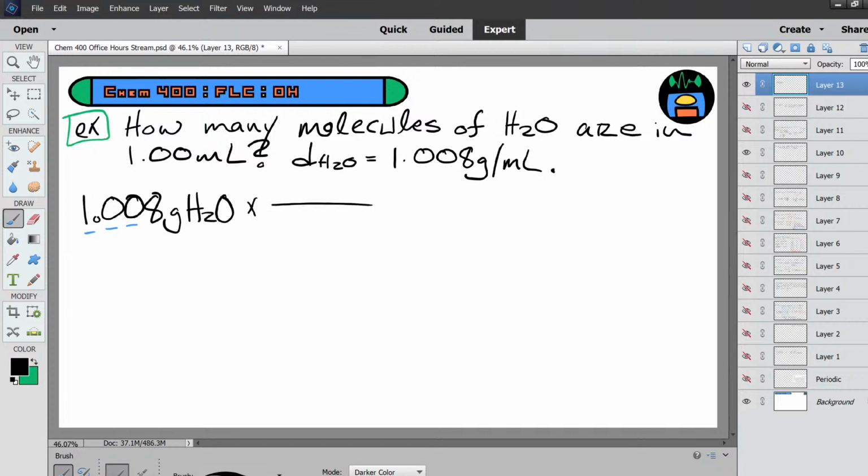Times, we need a unit conversion that'll go from grams of water to moles of water. And then we need a unit conversion that'll take us from moles of water to molecules.